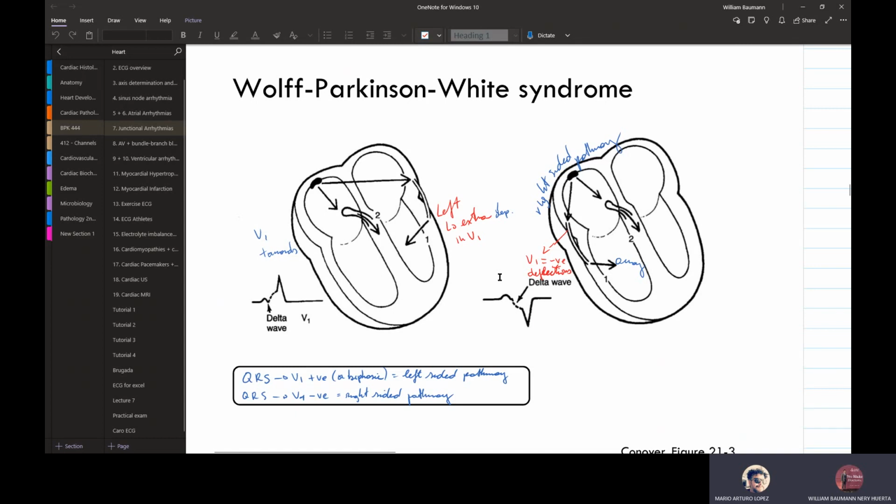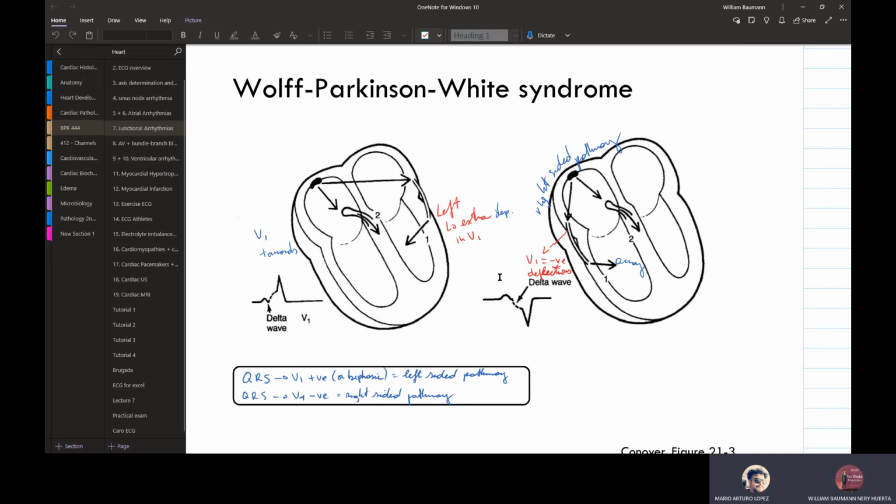Here it tells you the way you can recognize it on the ECG. V1 is looking at the right atria and the right ventricle. You're going to see a positive or biphasic QRS with a left-sided pathway.